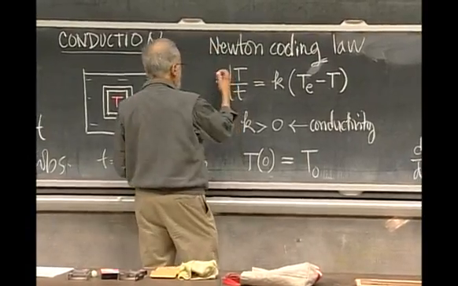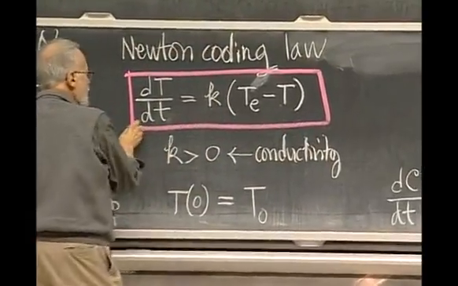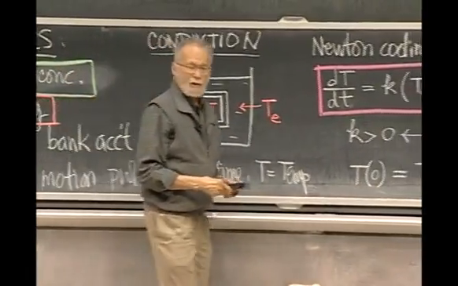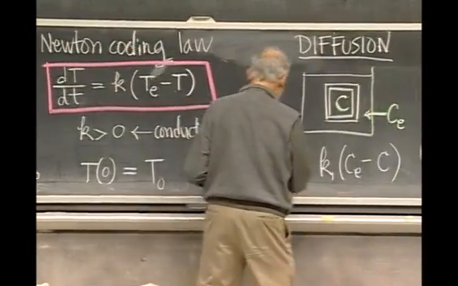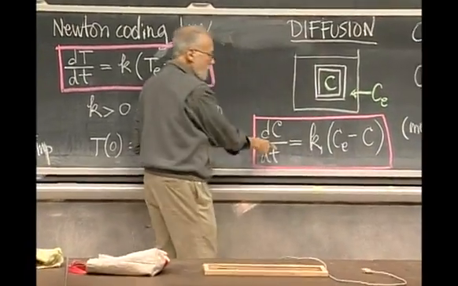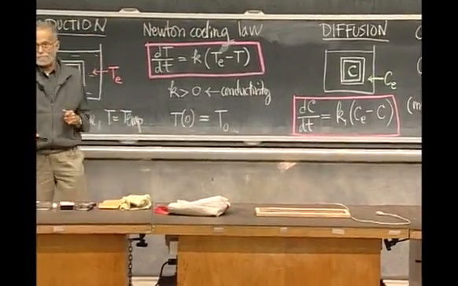So maybe I should make that clear. I would say that this first order differential equation models this physical situation, and the same thing is true on the other side, over here. This is the diffusion equation, and this is the conduction equation.